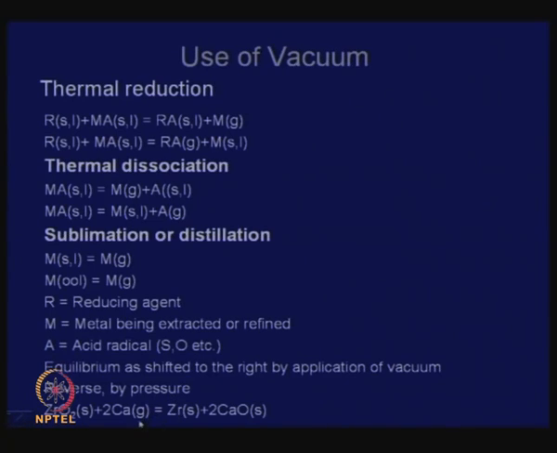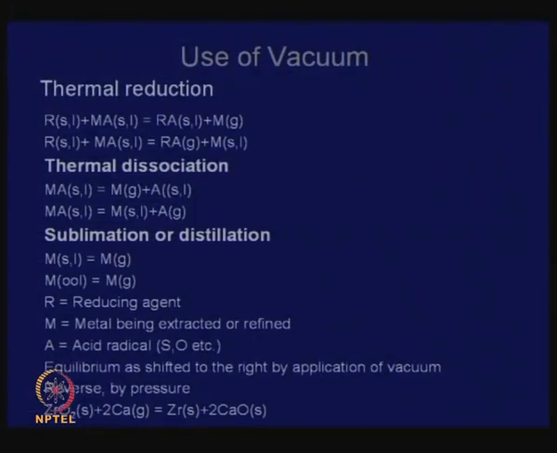In this case, it is pressure which is going to drive this reaction to the right, because you have a gas phase on the left hand side. So, there will be examples like this in pyrometallurgy, where we will see that we can use vacuum or pressure to make things happen at appropriate temperatures.